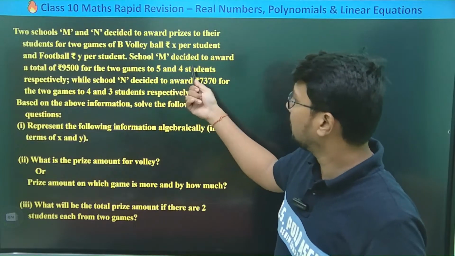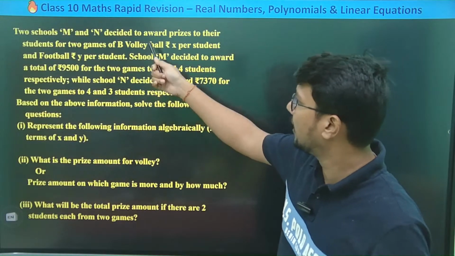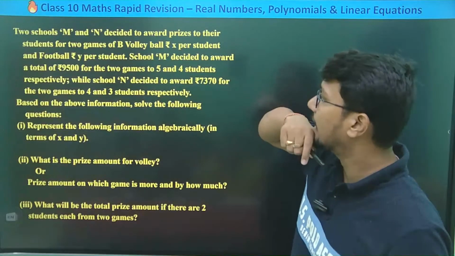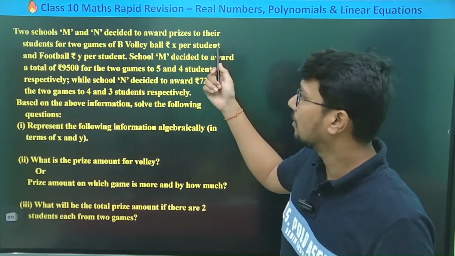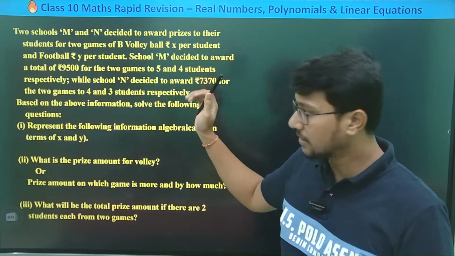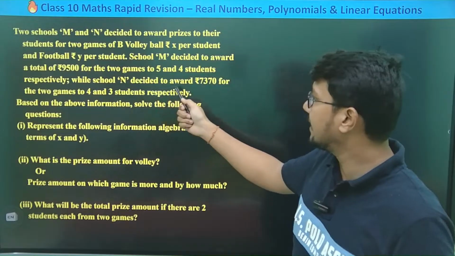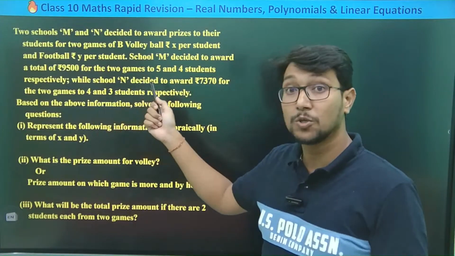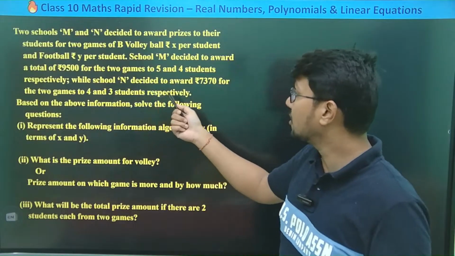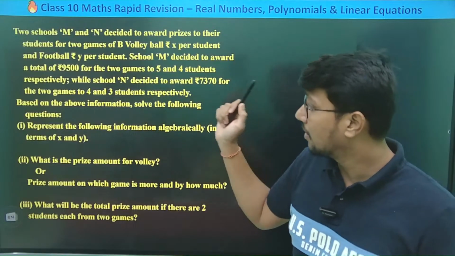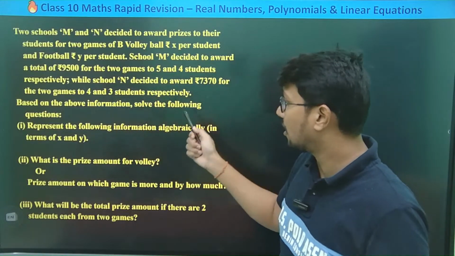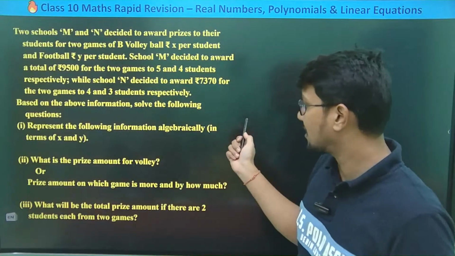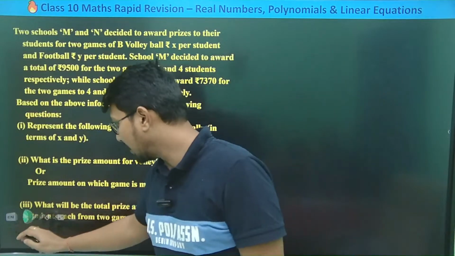So 5 and 4 students means 5 from volleyball and 4 from football. Got it? While school N decided to award 7370 rupees for two games to 4 and 3 students respectively. Based on the above information, represent the above information algebraically in terms of x and y.